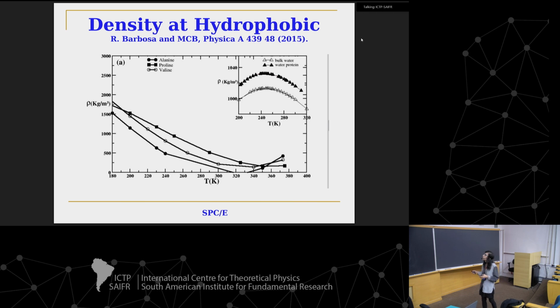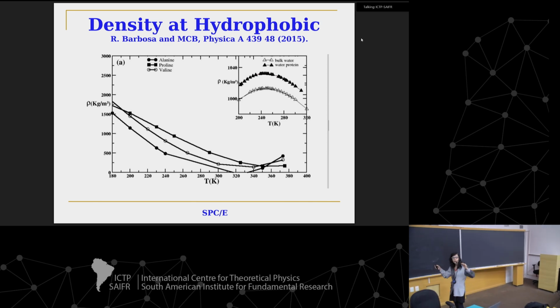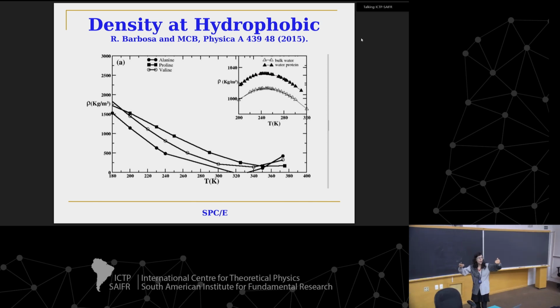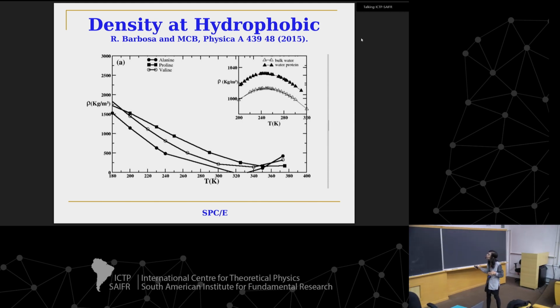And when you look at the hydrophobic sites, something rather interesting happens: it goes away, but then at higher temperatures, more water comes back. You have a threshold temperature after which you have this funny increase at the hydrophobic site.